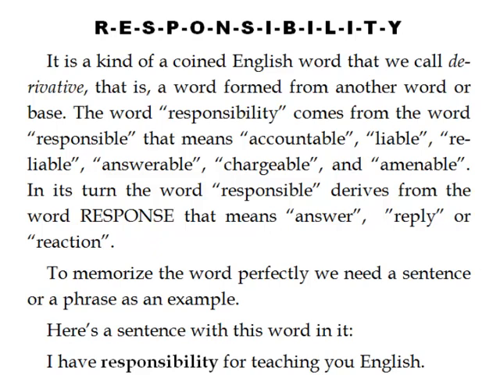The word responsibility comes from the word responsible. That means accountable, liable, reliable, answerable, chargeable, and amenable. In its turn, the word responsible derives from the word response. That means answer, reply, or reaction.